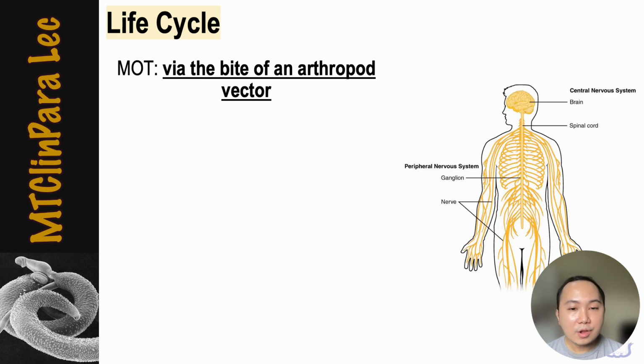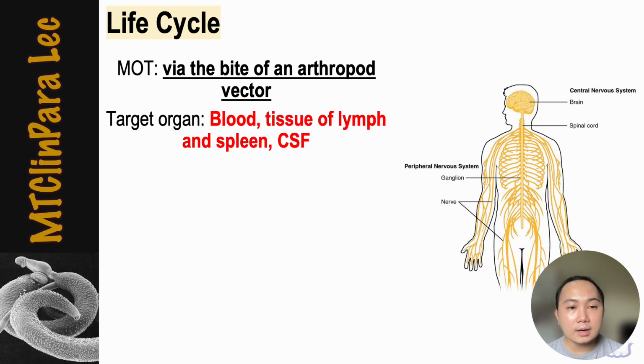So the life cycle of our Trypanosoma brucei complex is usually acquired via the bite of an arthropod vector. So very similar, but their target organ is very generalized. Okay? This usually affects the blood, tissue, okay, of lymph and spleen, and CSF as well.